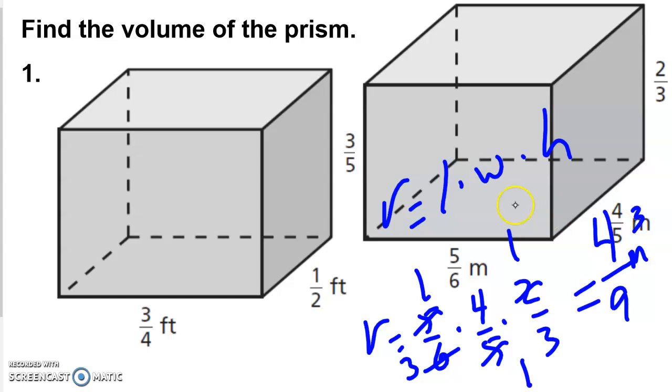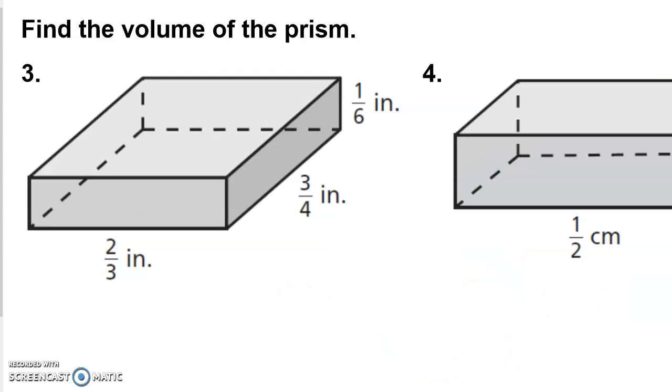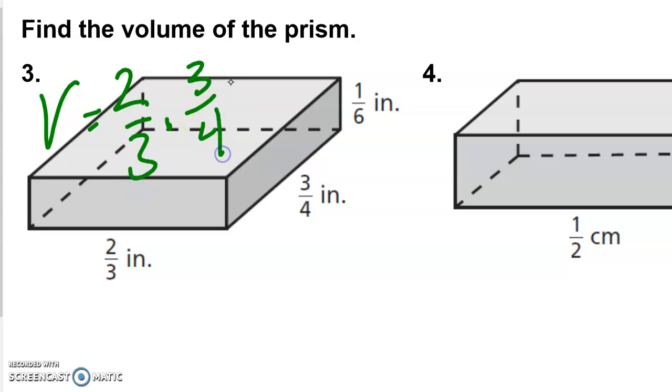Let's see what else we got here. Okay, this one looks good. So let's go green this time. Volume equals 2/3 times 3/4 times 1/6. Sorry, shame on me. Length, width, height.